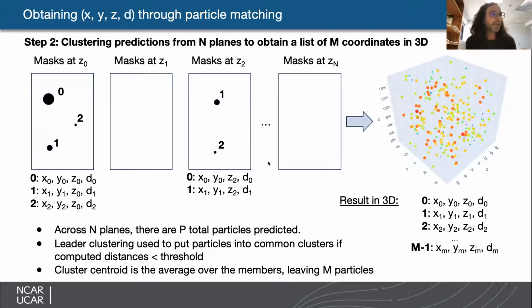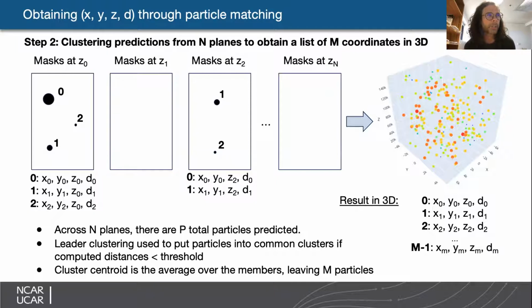Okay, but at the end of the day, we basically have M particles, where anytime I have a cluster of particles, I'll take an average across them to get the centroid, and then we'll consider that to be the representative of the cluster. So you have P total particles predicted across N planes, but you only have M at the end of the day post the 2-step clustering process.